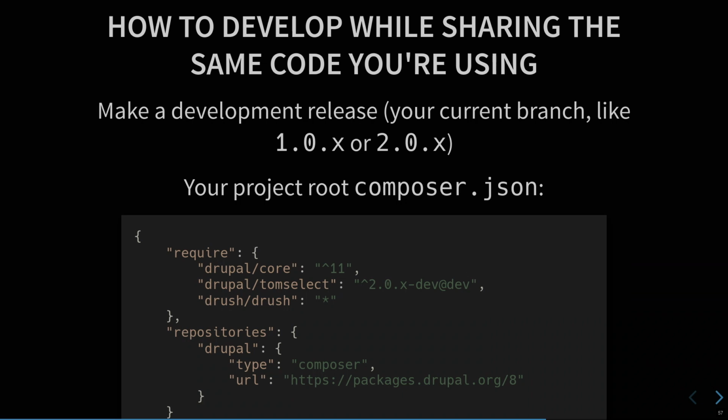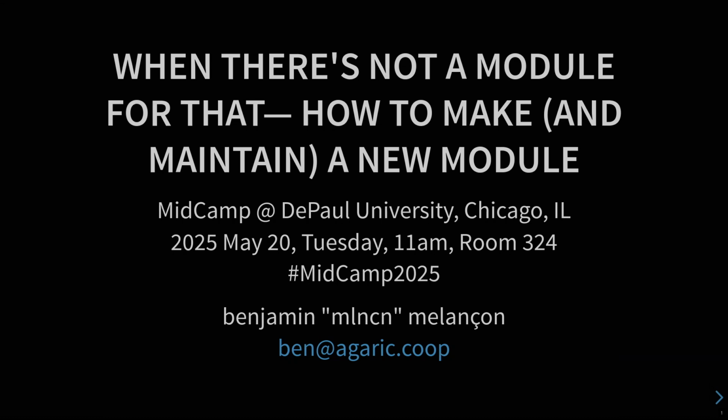But if you've made significant changes and don't want to mess up people that are using the current version, you can just tag a new release as 2.0.x. But whichever it is, you just add -dev to that.